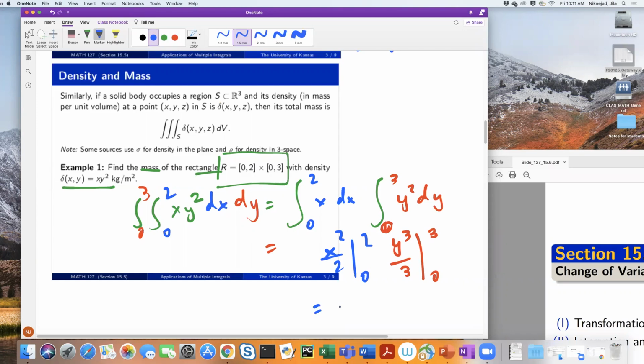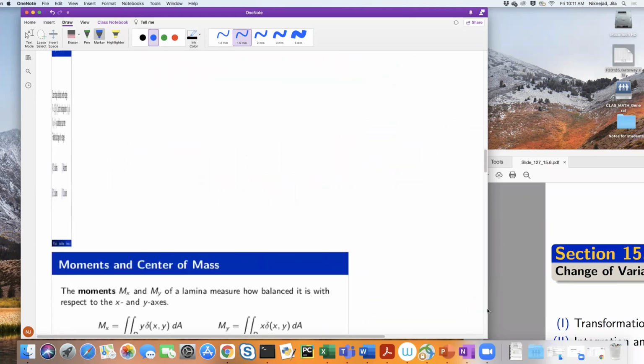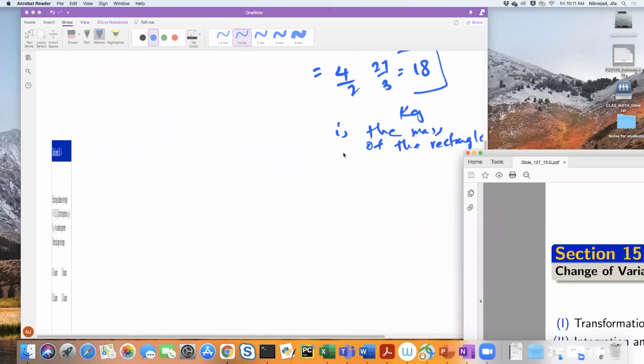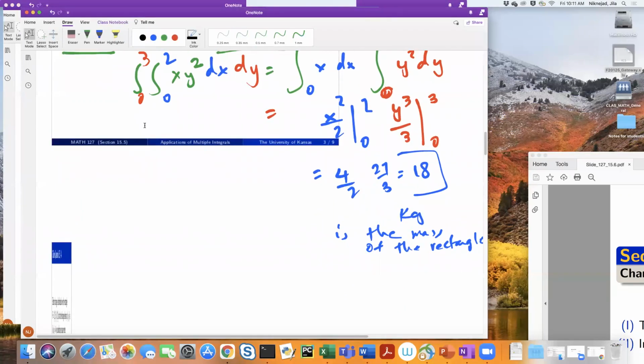Then you multiply: 4 divided by 2 times what? 27 divided by 3, and that gives me 2 times 18. Is that right? Yeah. Okay. So 18 kilograms is the mass of the rectangle. What did I do? Okay, my friends, I messed up a little bit. So let's clean it up and move on to the iClicker one.